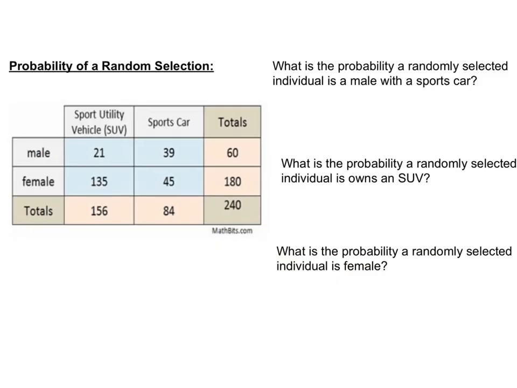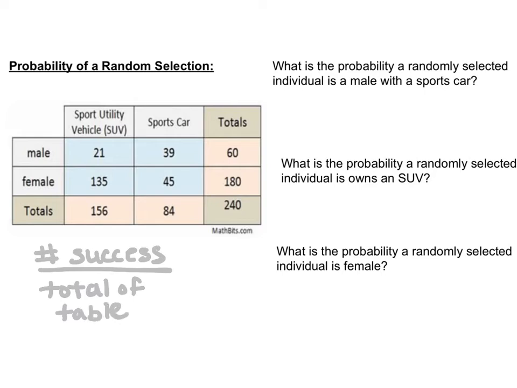These first examples refer to the probability of a random selection, which means that we are selecting, so your probability is the number of successes over the total of the table, which in this case is 240.